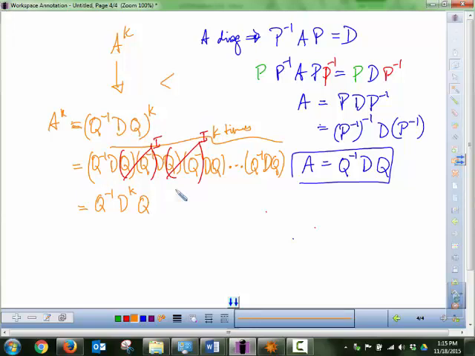Wait, what's Q inverse again? Q inverse was P, wasn't it? So Q inverse is P. So this is just P, the original P matrix, D to the K times P inverse.